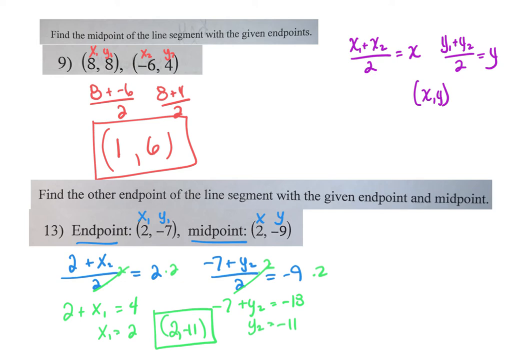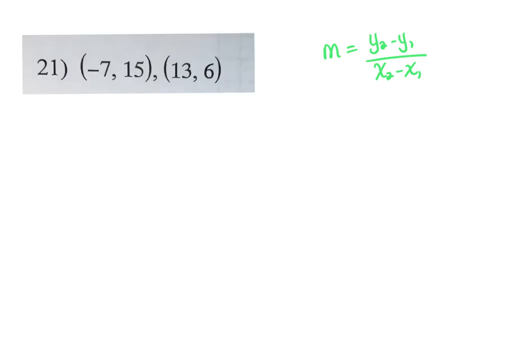Okay. So your slope formula is going to be y2 minus y1, subtract your y's, over x2 minus x1. For this one, again, just label your points. The numerator is always the y's. So you're going to say 6 minus 15 over your x's.